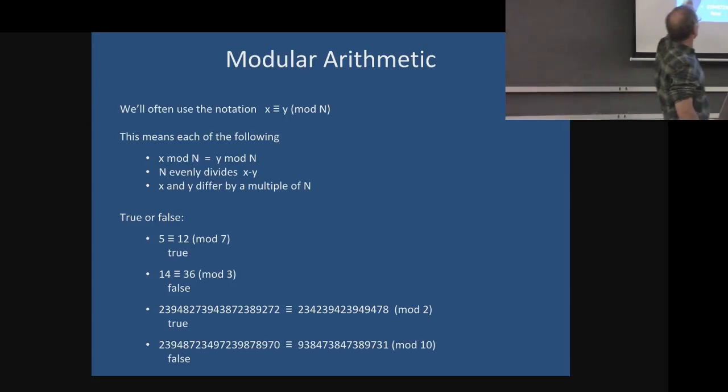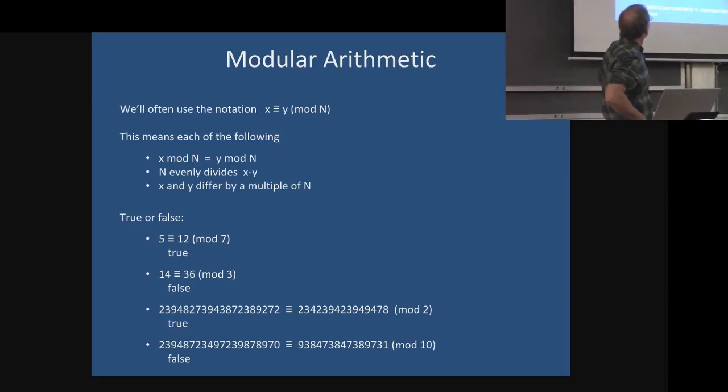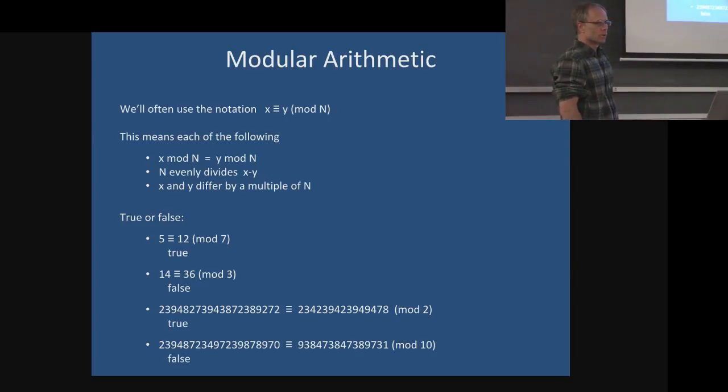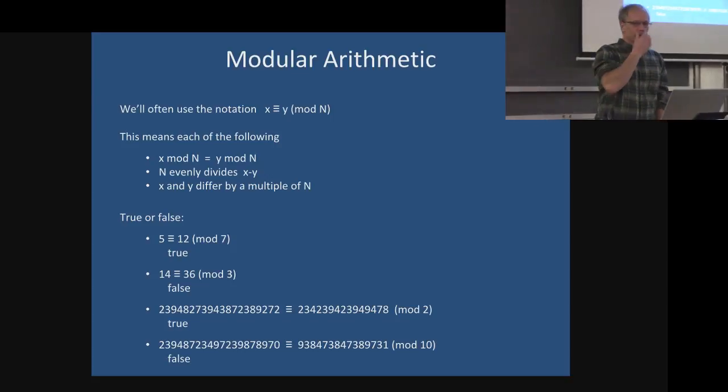So we know 5 is congruent to 12 mod 7, because 5 mod 7 is 5, and 12 mod 7 is 5. That's one reason. But mainly, if they differ by a multiple of the modulus, they're congruent. So anyway, we're using that notion a lot, congruence modulo n.